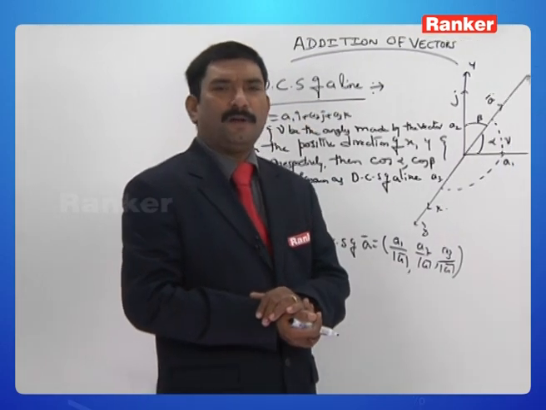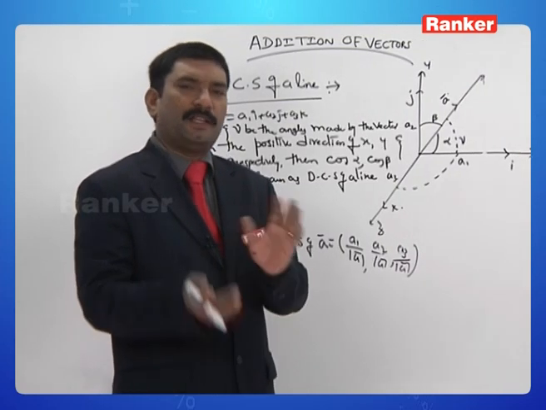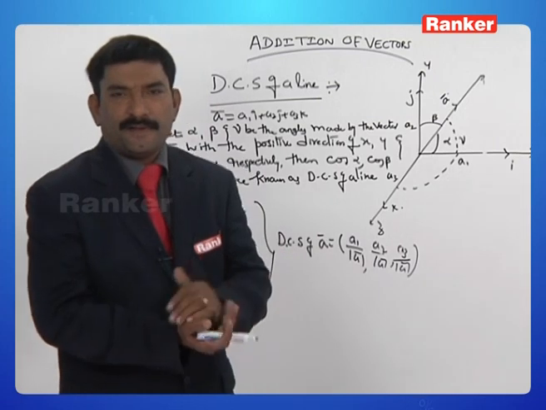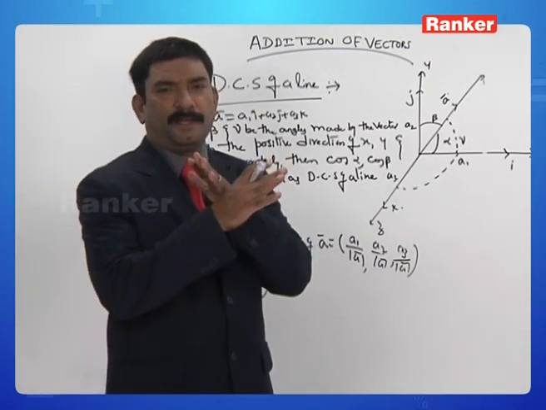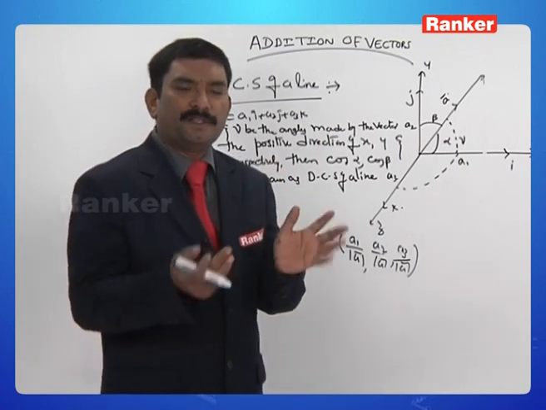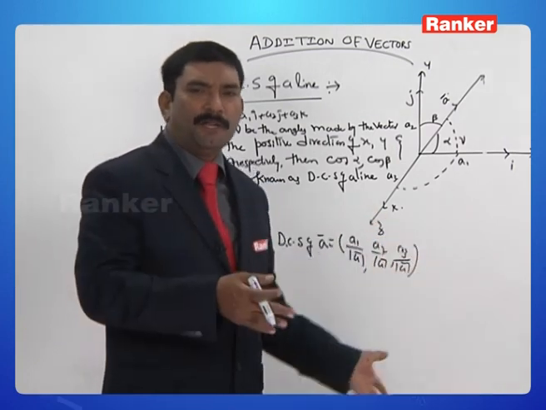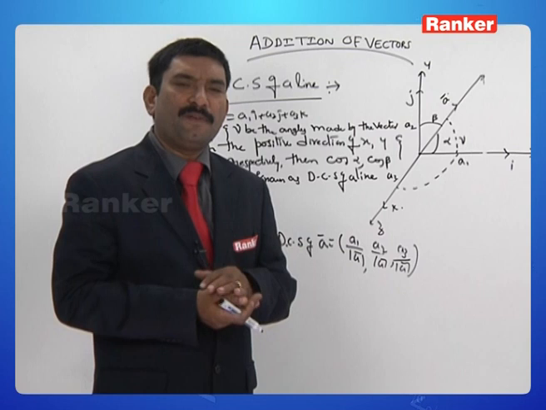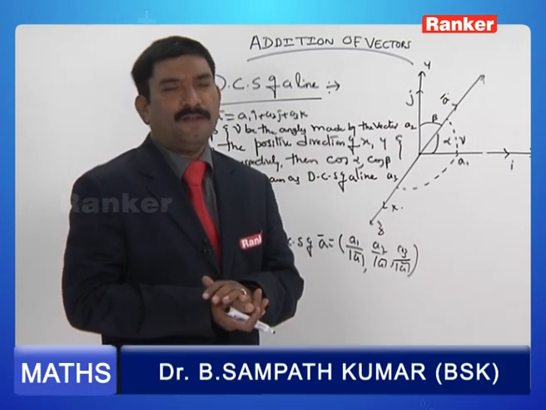Alpha, beta, gamma are the angles measured in the positive direction. What is the other direction? 180 minus alpha. Right? If two lines are intersecting, one angle is theta, the other angle is 180 minus theta. That is quite obvious. In the positive direction: cos alpha, cos beta, cos gamma. In the negative direction: cos of 180 minus alpha, cos of 180 minus beta, cos of 180 minus gamma.